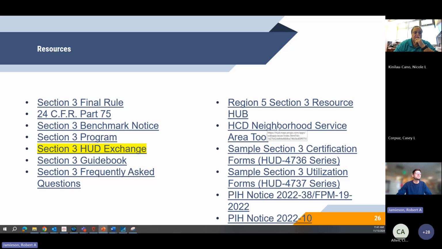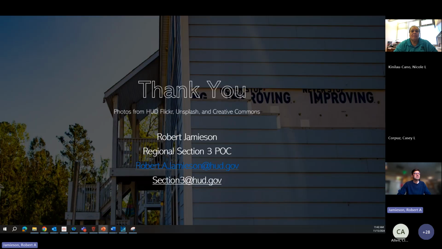The HCD Neighborhood Service Area tool on the right-hand side is the source for finding out whether an individual's address is within the service area of the project. Some of these, like the PAH notices, are not relevant to you all, but I just have a basic list of important ones for trainings.